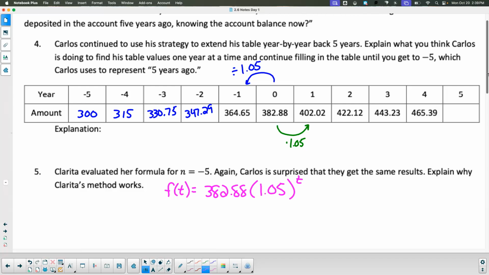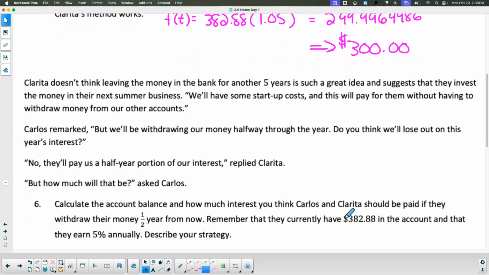But that rounds to 300 still. So we still get the same. That's good. Still using the same amount of money, right?